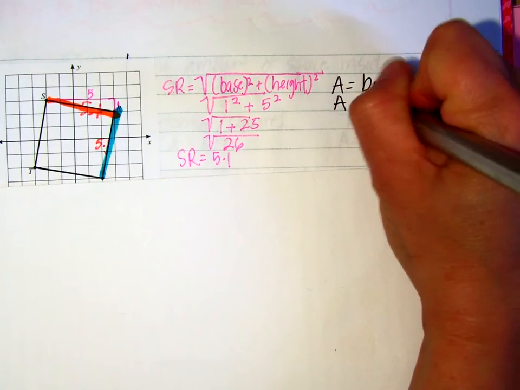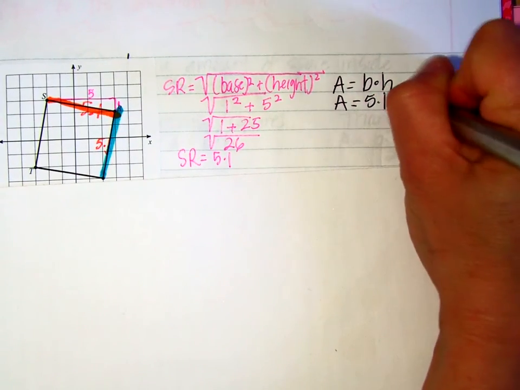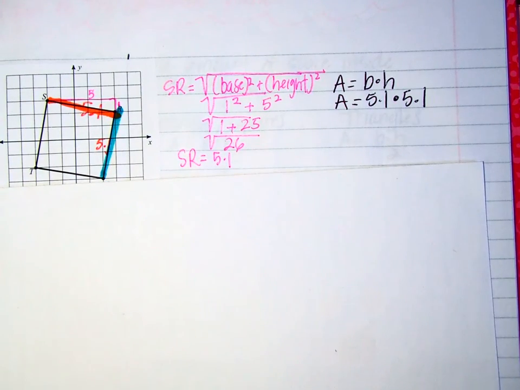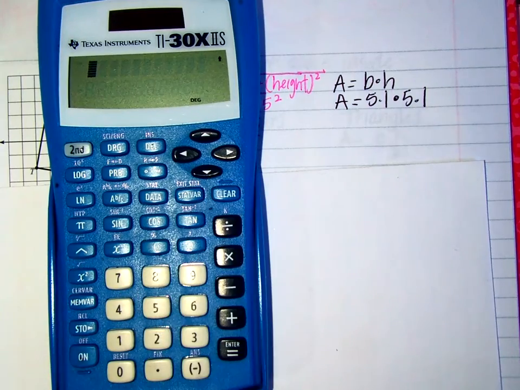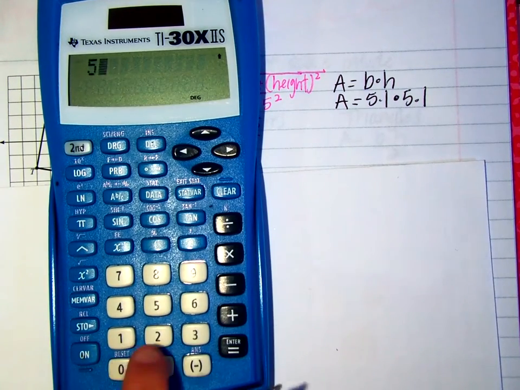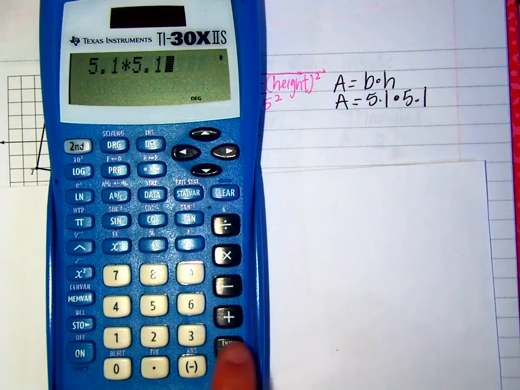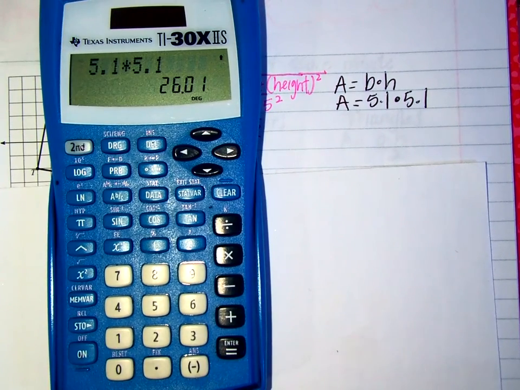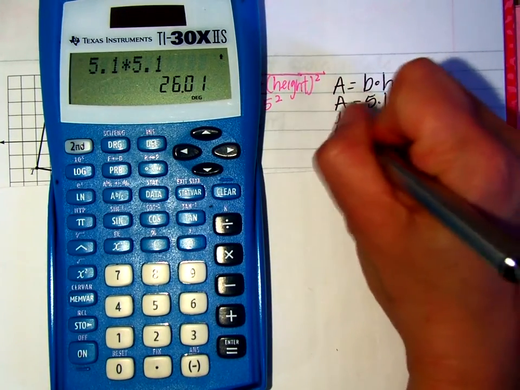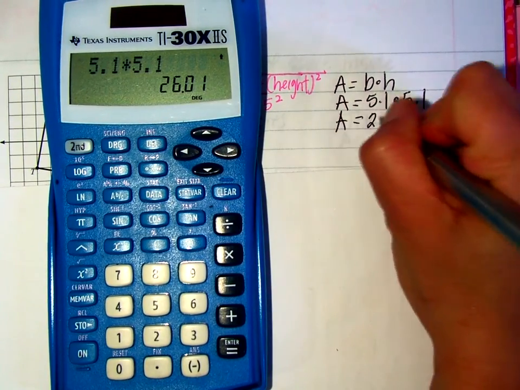And here we have 5.1 times 5.1. So with your calculator, we can do 5.1 times 5.1 is equal to 26.01. If I round that to the nearest tenth, it'll just be 26.0.